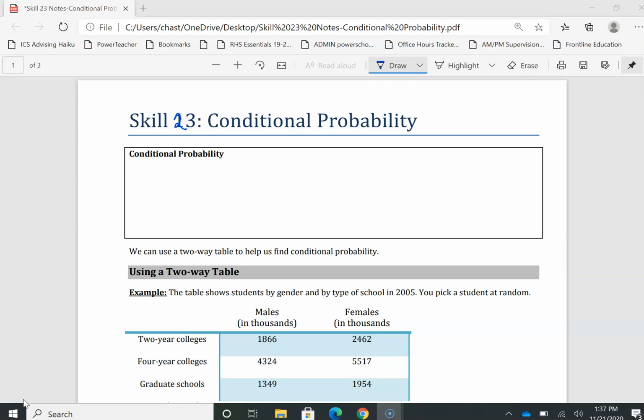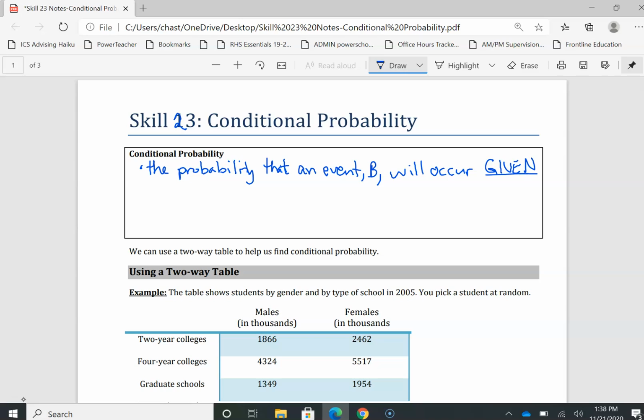When we talk about conditional probability, what we're talking about is the probability that an event B will occur given, so that's going to be really important, given that another event that we'll call A has already occurred.